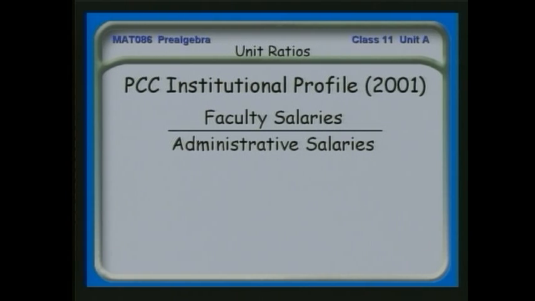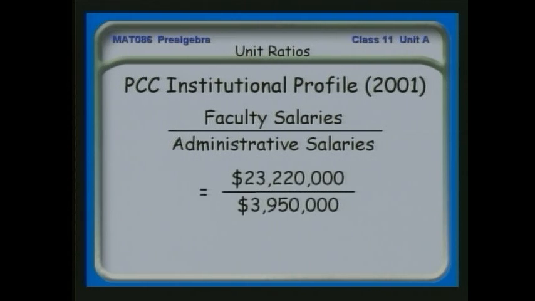Here's another example, one that, of course, I'm always interested in. What's the ratio of faculty salaries to administrative salaries? I looked this up, and I find that the faculty are paid about 23 million some odd dollars a year, and administrators are paid about $4 million a year.